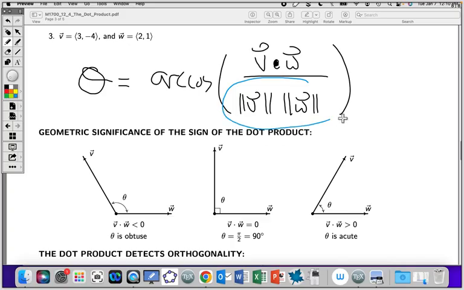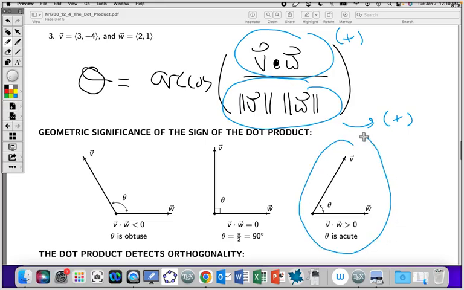So let's see, the denominator here is always going to be a positive number. So if the numerator is a positive number, it means the cosine is positive. That gives us a quadrant one angle. So we're in this first situation here. So V dot W is positive. That tells us theta is acute. That means that V and W are not necessarily going in the same direction, but they're going sort of in the same direction.